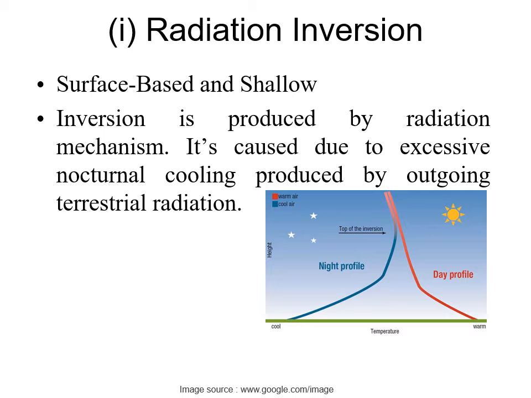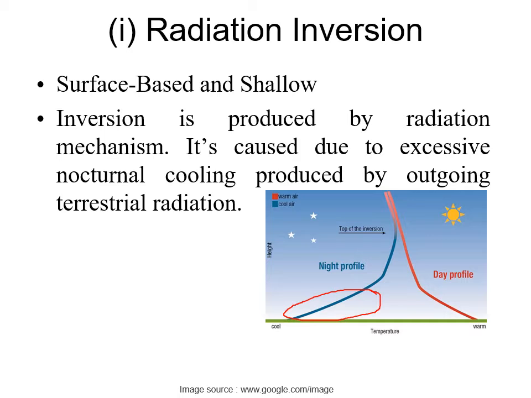Now, as ground is cooled more rapidly than the air, the atmosphere close to the surface cools rapidly during night time. In contrast, the upper air atmosphere still remains warmer compared to the surface air.